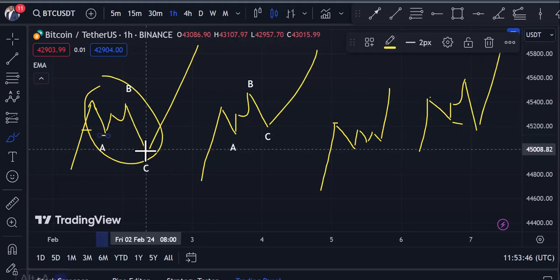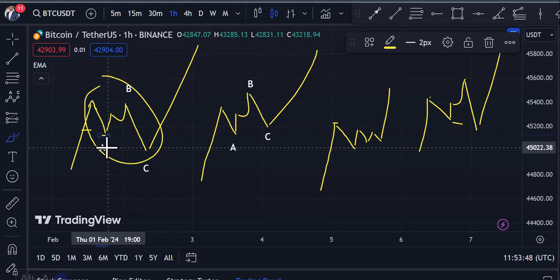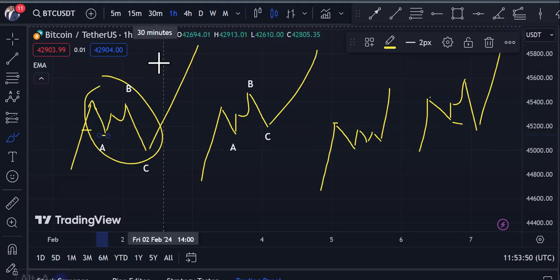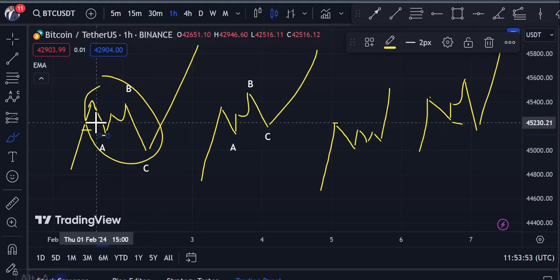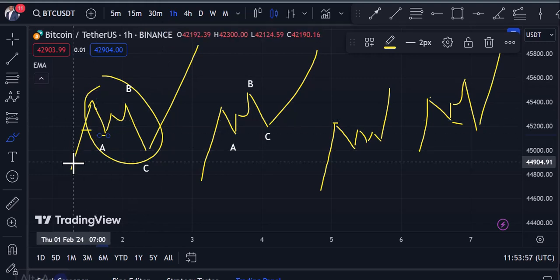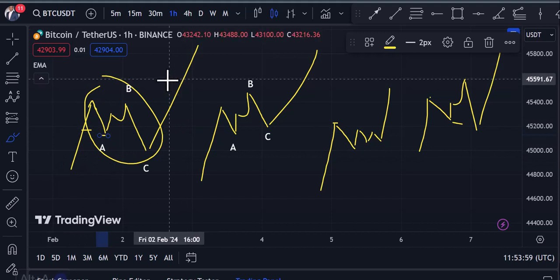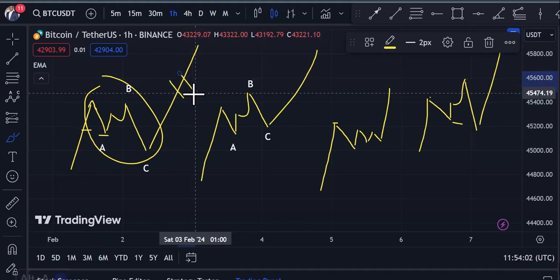So once this is broken, sometimes you can see it will just tag it, break it slightly, and then reverse. So once it's broken, you know that this is a regular structure, and if this first impulse is strong, definitely you should expect this second impulse, which will take place.